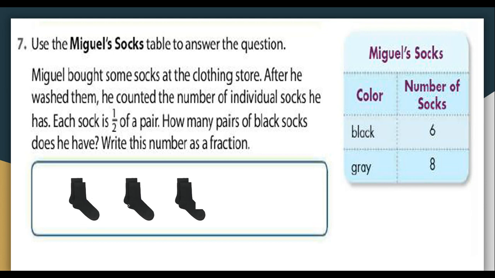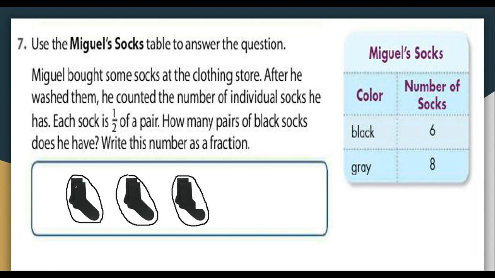We know that socks come in pairs, and they said he had 6. So this is a pair, that would be 2. That's another pair, that would be 4. And that's another pair, that would be 6.